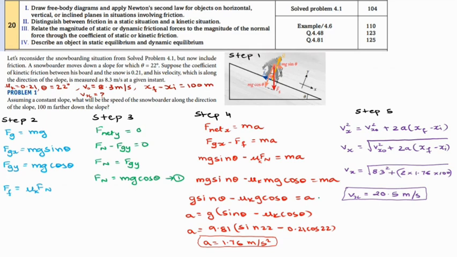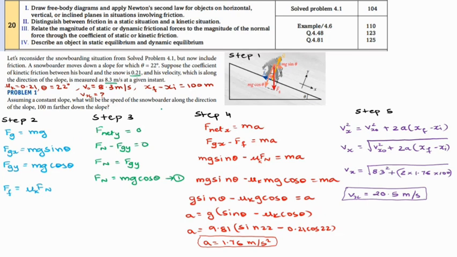Now, same problem of the snowboarder, but this time we have to consider friction. So in this question, you have to reconsider the snowboarding situation from solved problem 4.1, but now include friction. You have a snowboarder who moves down a slope with theta 22 degrees. Suppose the coefficient of kinetic friction is 0.21 and its velocity along the direction of the slope is 8.3.